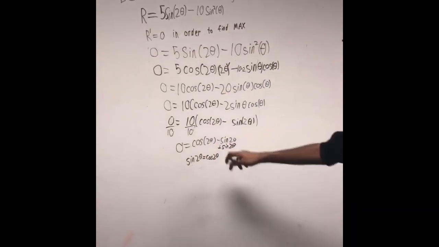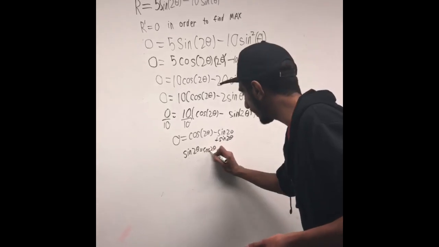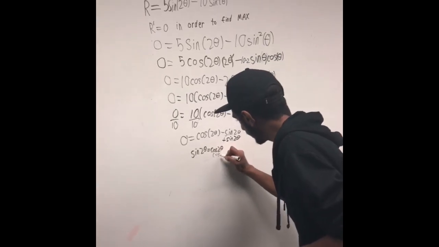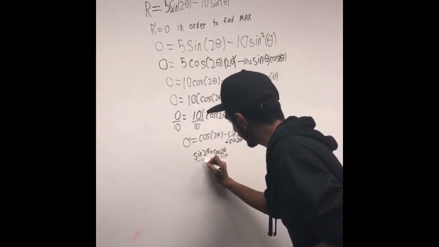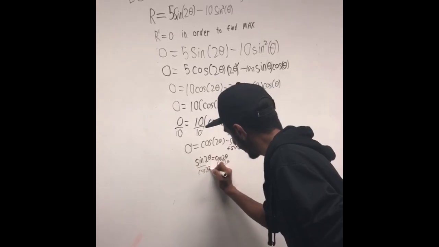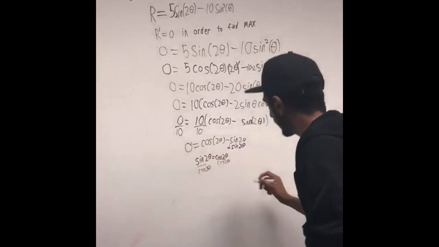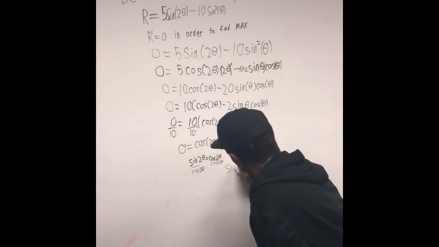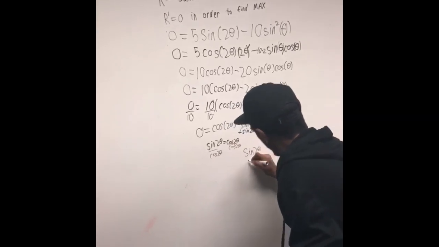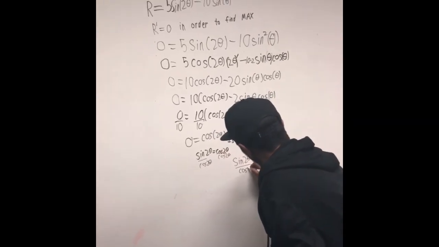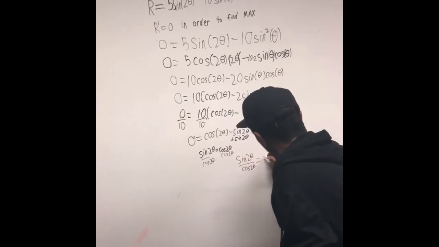And then we can divide the cosine 2 theta to the other side. So we get sine 2 theta over cosine 2 theta equals 1.